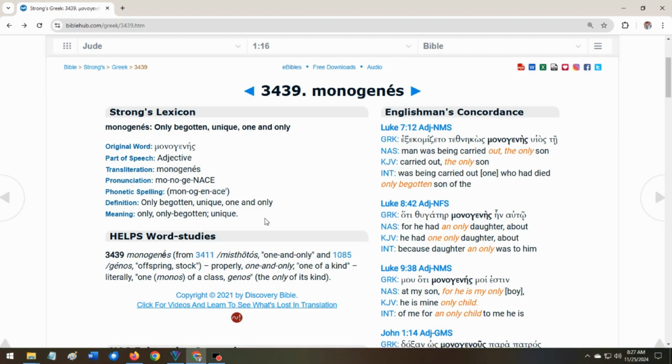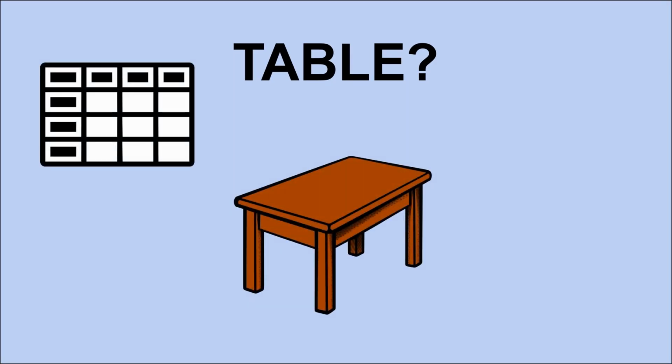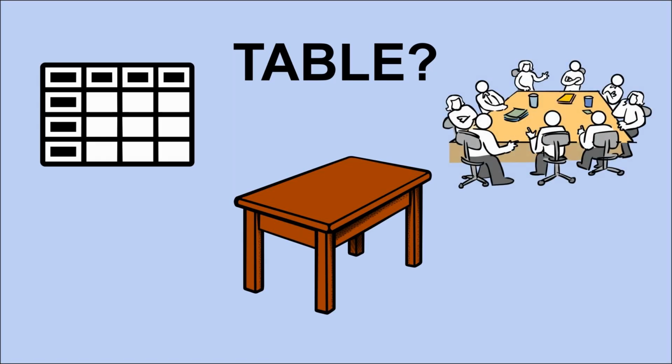In the English language, a word can mean different things in different contexts. For example, the English word table, what does that mean? Is it a piece of furniture? Is it a grid in a document that contains data? Is it a procedural action in a business meeting?